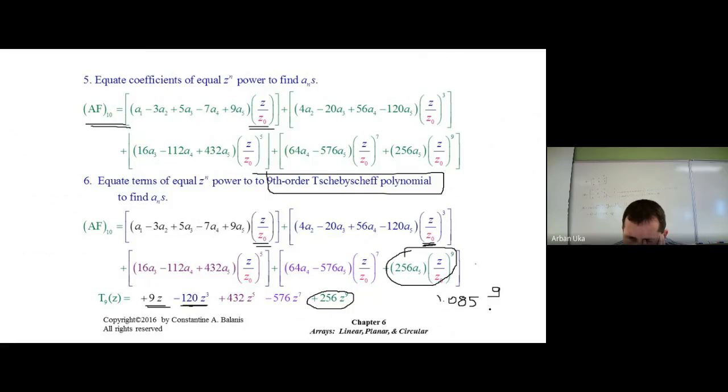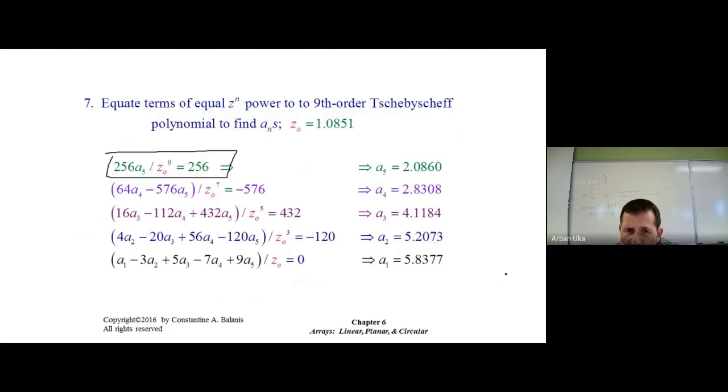Apparently, it is going to be equal to... wait a second. No, Z0, we have it over there. But this will make it possible for us. So actually, this is again Z0, 1.085. If we substitute this number into Z0, we get this. That means that A5 is 2.086.